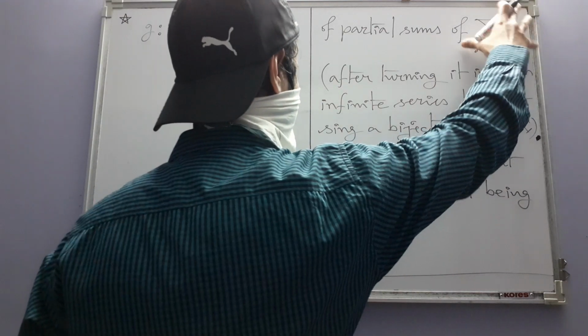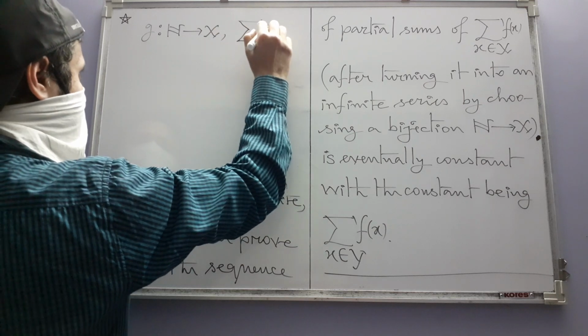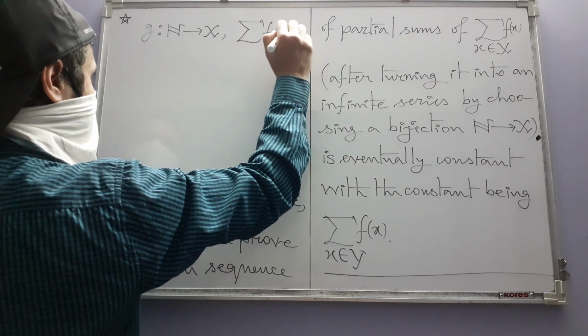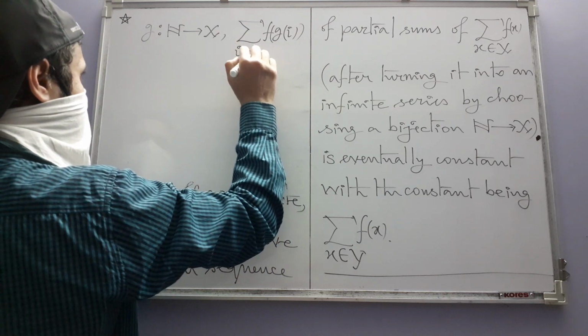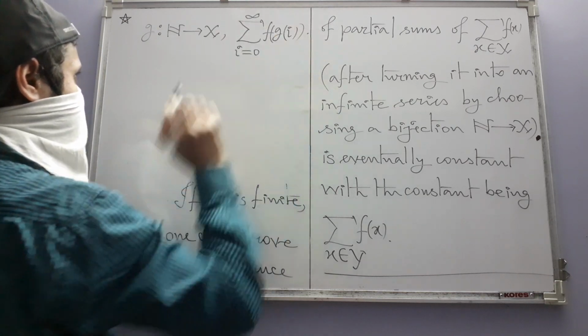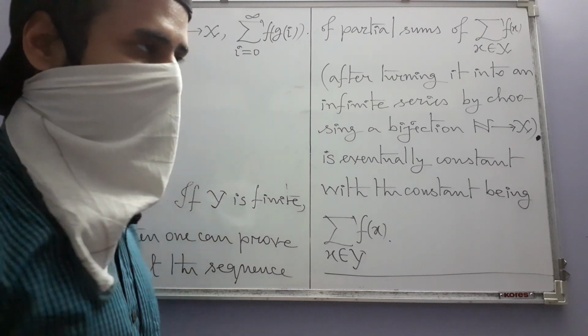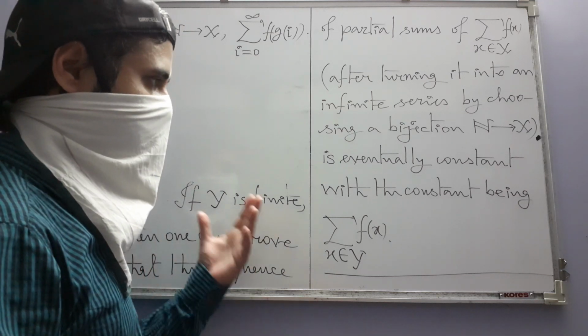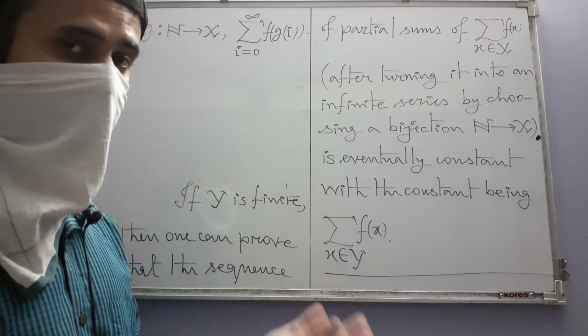Then the value of this sum should be the sum of this infinite series. And how do you find the sum of an infinite series? By seeing what the sequence of partial sums of that series converges to.